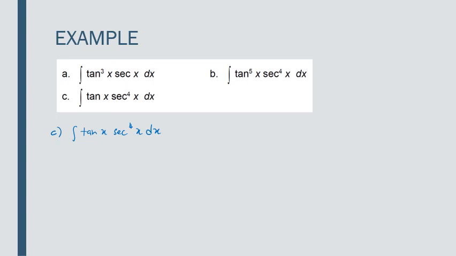We jump to step 2, identity. But we don't need to use the identity either, because for tangent square x the identity applies, and here we only have tangent. So we use substitution directly. u is equal to secant x.